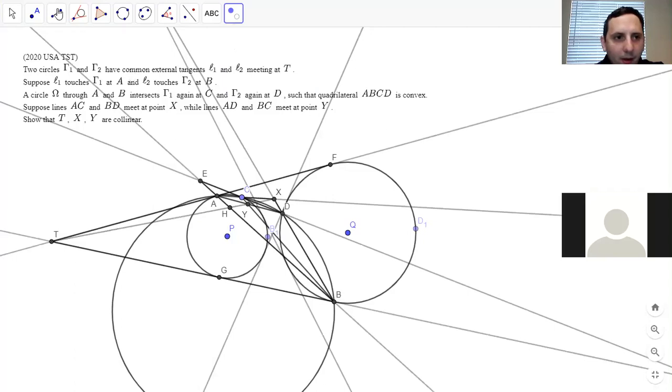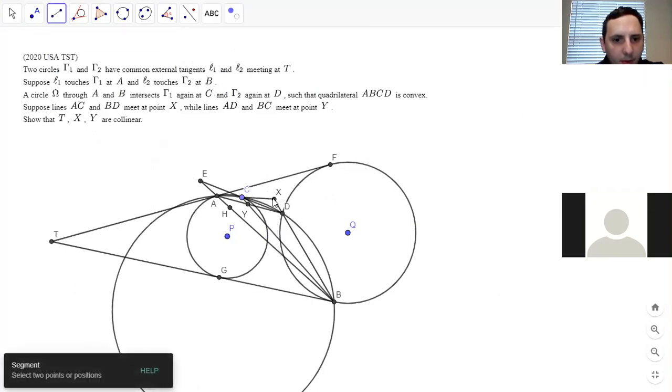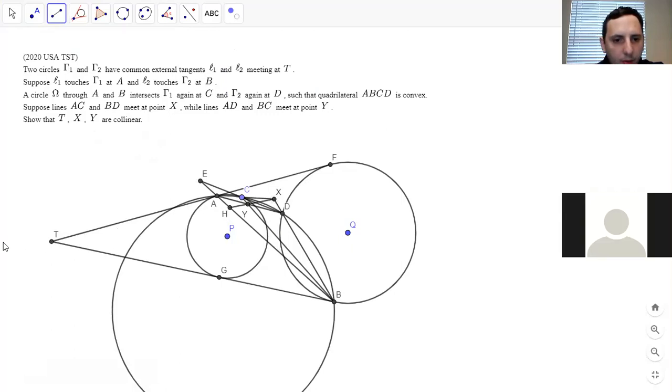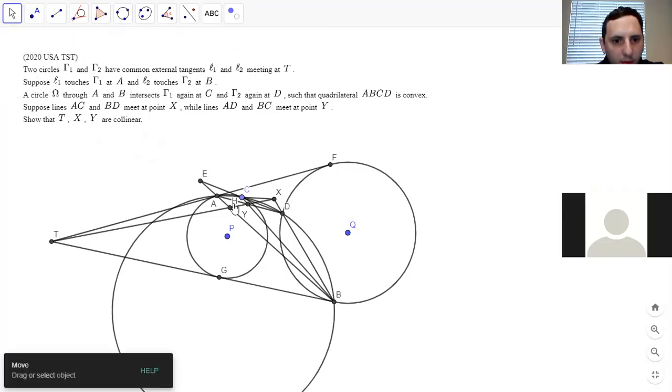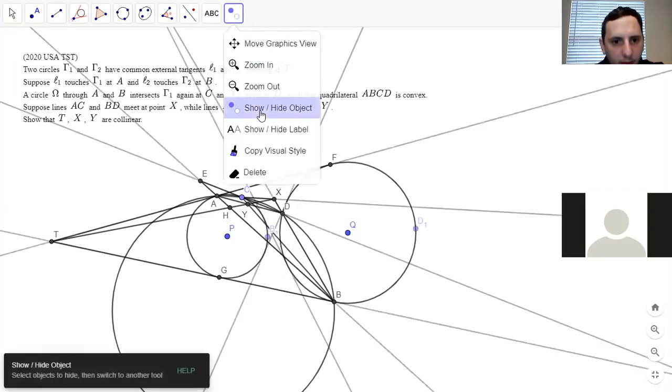I like that. What if we did this? Because we don't know that these are all collinear, we will ignore Y for now. We show that EAHB is harmonic. I kind of like that.